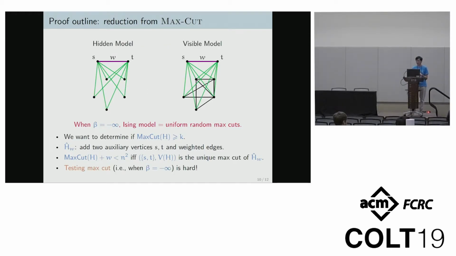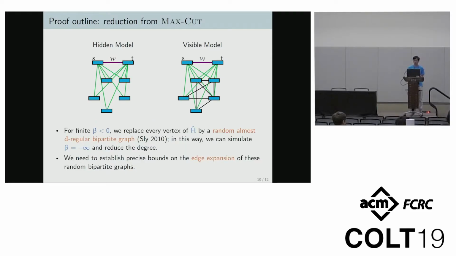This can be done by adding some extra vertices and weighted edges to H. If we use this graph as the visible graph, and we use the graph obtained by replacing H with an independent set as the hidden graph, then it shows that testing is hard in the extremal case where beta is infinity. If we want to handle finite beta, a lot more work needs to be done, and we do it by replacing every vertex with a random, almost d-regular bipartite graph.